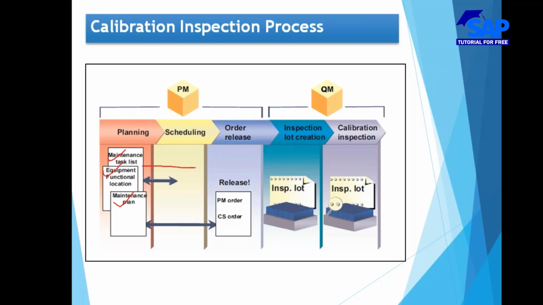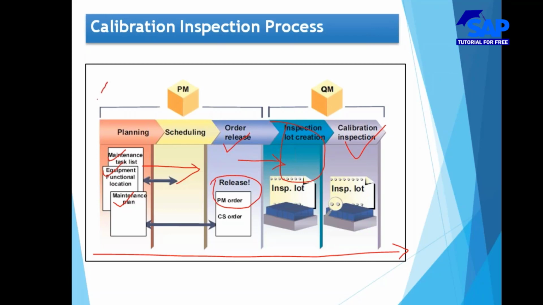Then you will schedule the maintenance plan, and you will get a calibration order in the PM module. When the calibration order is created, simultaneously you will get an inspection lot. Using this inspection lot, you do the calibration for the equipment. This is the overall process flow.